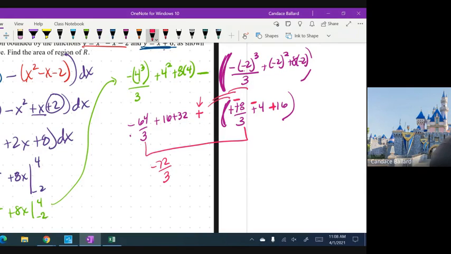And then let's see, when I add together 16 plus 32 minus 4 plus 16, I should get 60. And what do you know? 3 divides 72, doesn't it? Isn't that awesome? So -24 plus 60 is going to be 36.